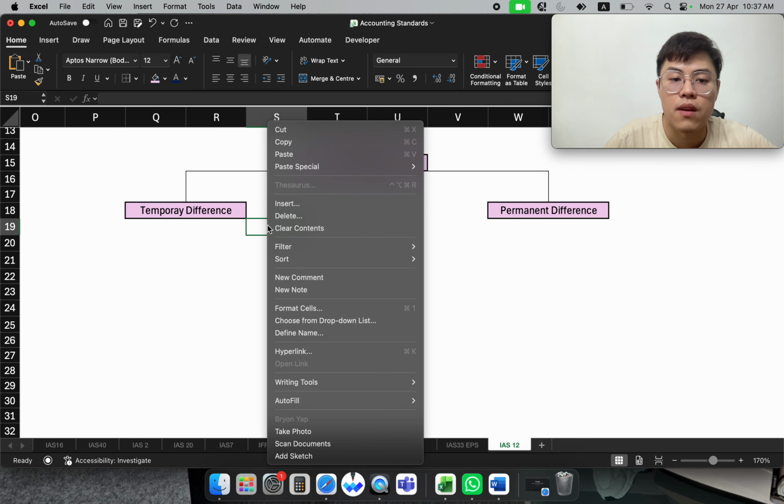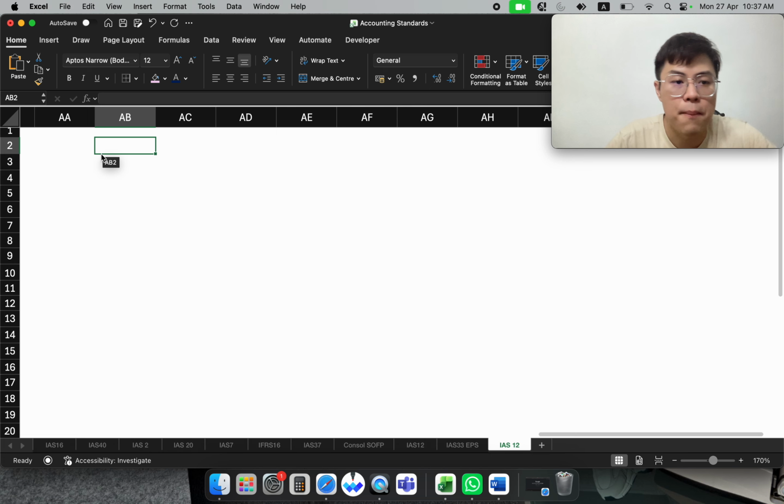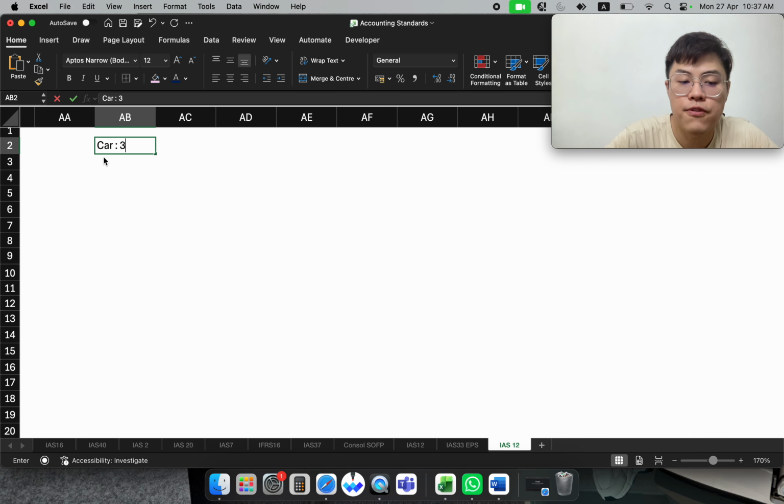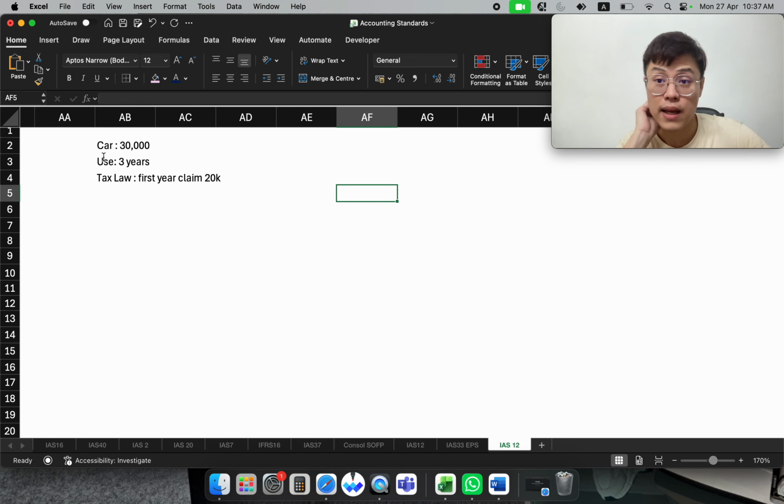So now, let's talk about temporary difference. Let me give you an example. If you have a car worth 30,000 and you are going to use it for 3 years, but your tax law says first year claim 20k tax depreciation, then subsequent years 10,000.